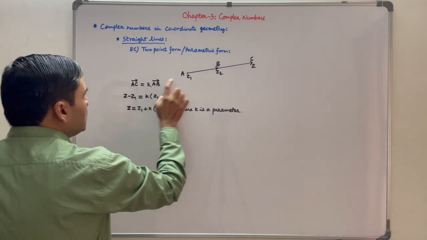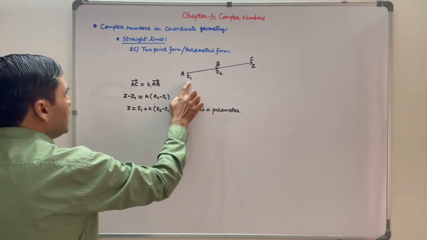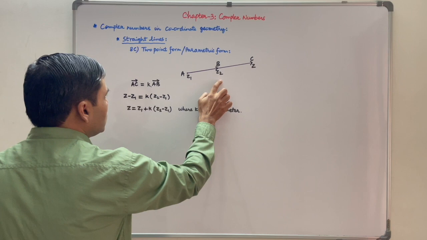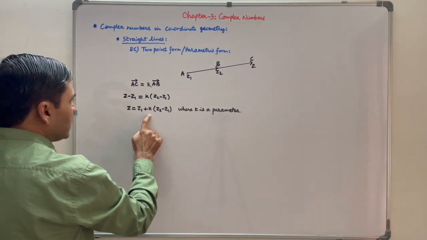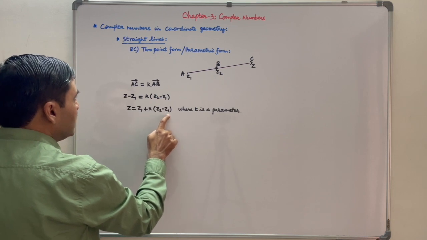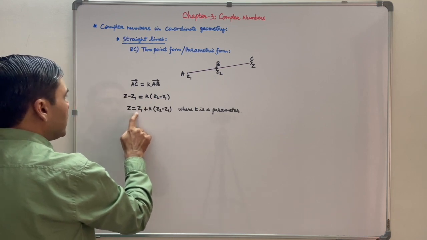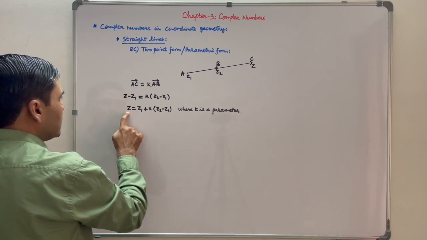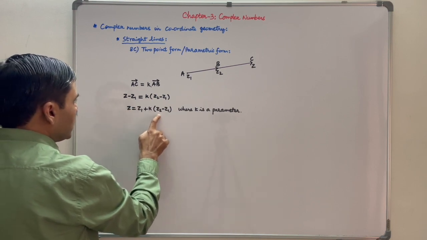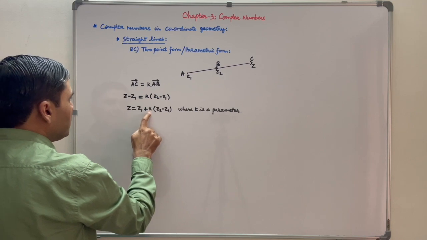Vector AC is equal to z − z1 and vector AB is equal to z2 − z1. So z is equal to z1 + k(z2 − z1). This is the two-point form or parametric form of a straight line, where z is any general point, z1 and z2 are given points and k is a parameter.